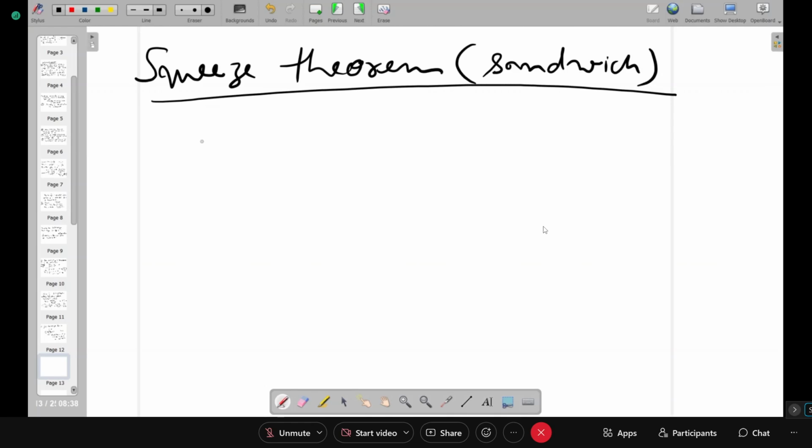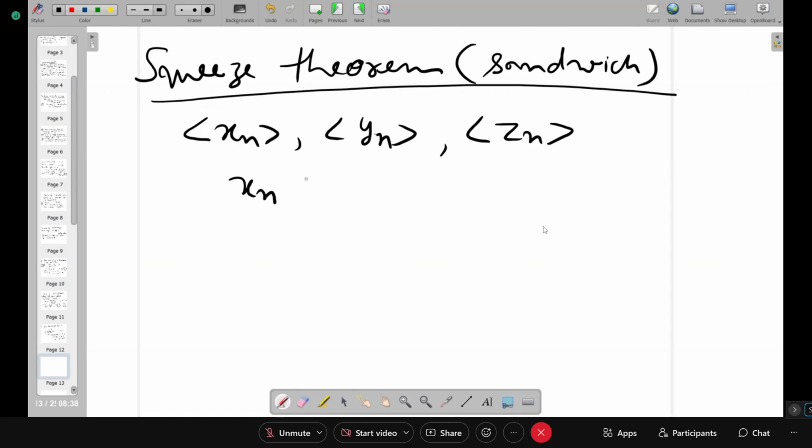Okay, if three sequences are there, xn sequence, yn sequence and zn sequence, such that xn less than or equal to zn less than or equal to yn.